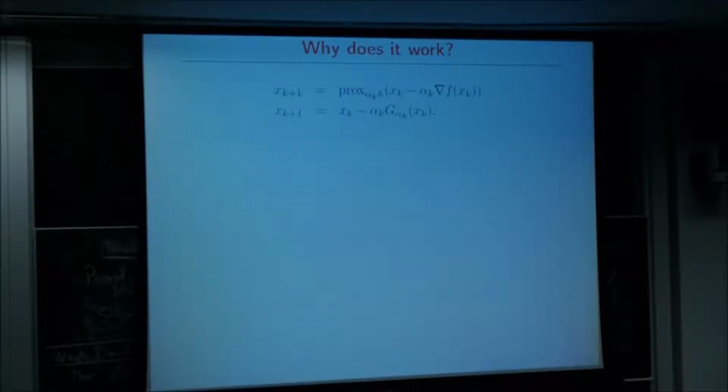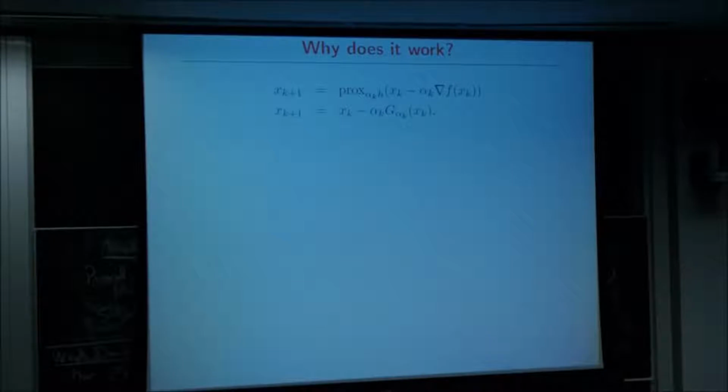So what does that G look like? G is some vector. So just manipulate stuff and write it in a format that is reminiscent of just gradient descent without any proximity operators or constraints or projection operators and so on.